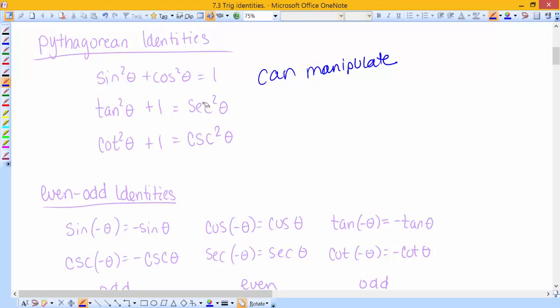So you can manipulate them, and if you're looking at your trig identity sheet, you see some of those manipulations already, where this first one is set equal to sine, then it's set equal to just cosine. And then the second 2 are switched around, so you have secant by itself and tangent by itself. And this third one where cosecant is by itself and then cotangent is by itself. So you do have things that we need to keep remembering that we have learned.